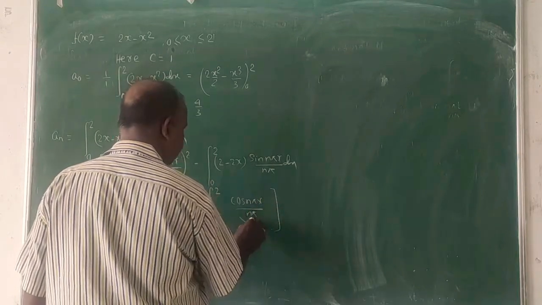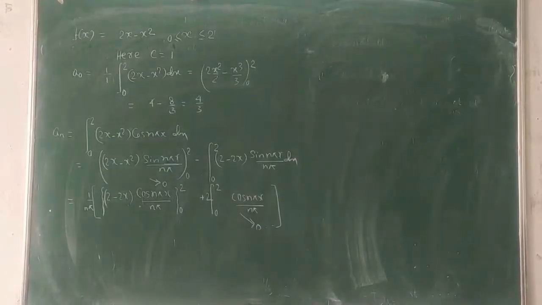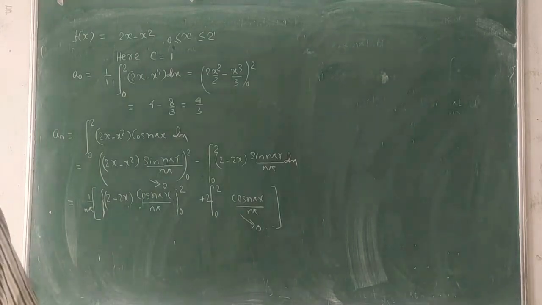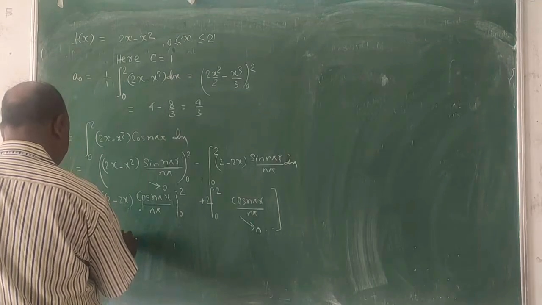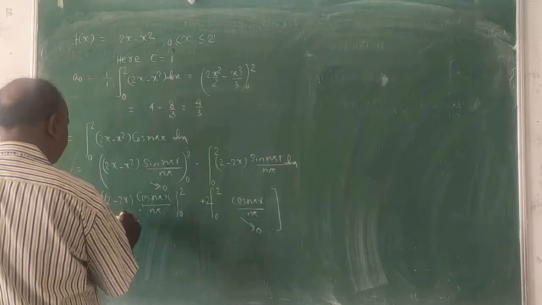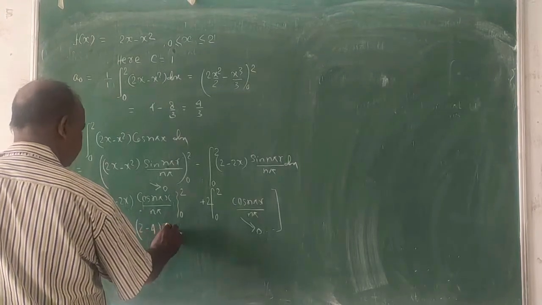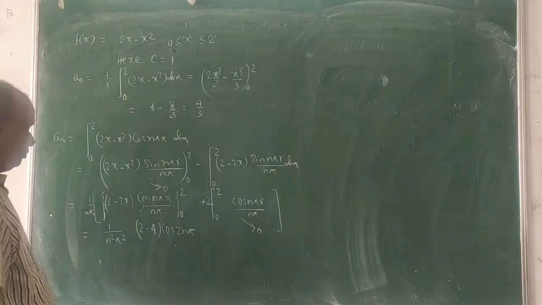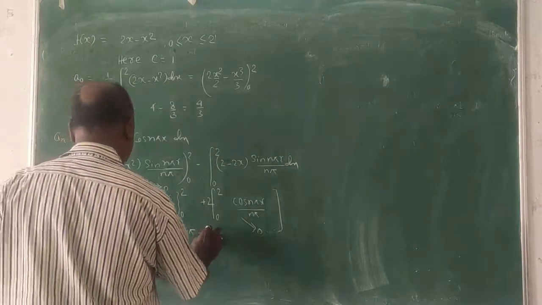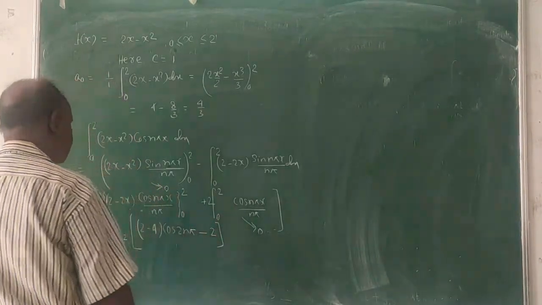Now look, this part is 0 because the integration of cos n pi x is sin n pi x by n pi, sin 2n pi is 0, sin 0 is 0. Okay, what is left? This is 1 by n square pi square times 2 minus 4 into cos of 2n pi, minus, you substitute 0 here, the only thing is 2.